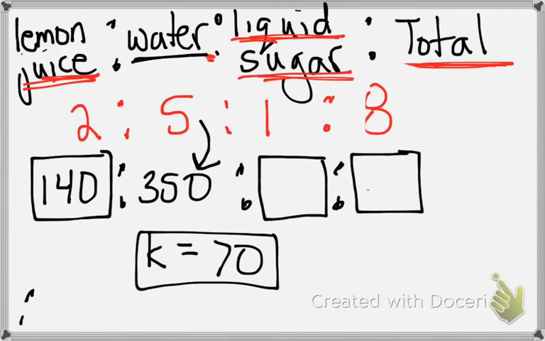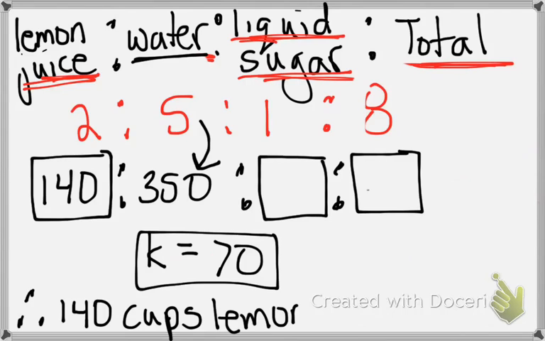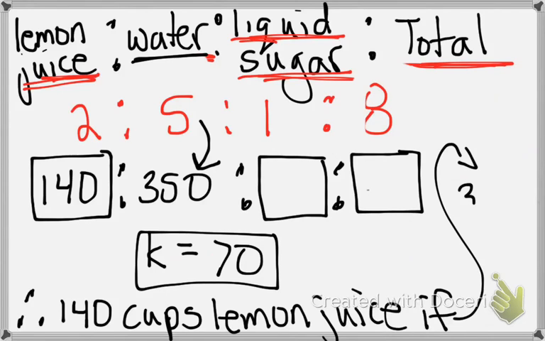So your final answer would be, therefore, 140 cups of lemon juice if 350 cups of water.